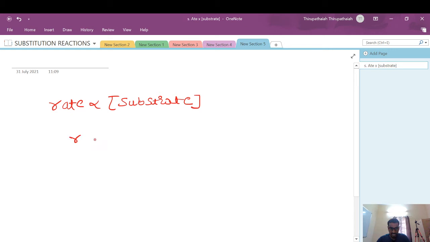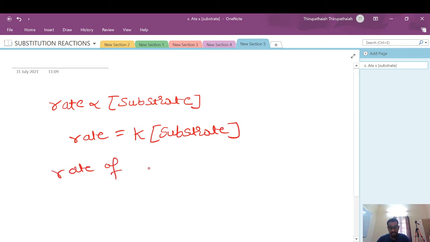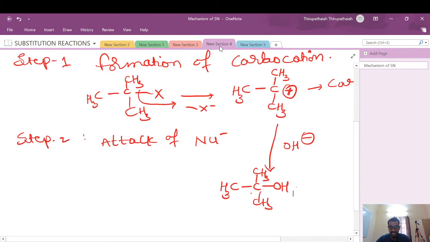It can also be written as rate is equal to a proportionality constant times the substrate concentration. The rate of reaction does not depend on the OH minus ion concentration.